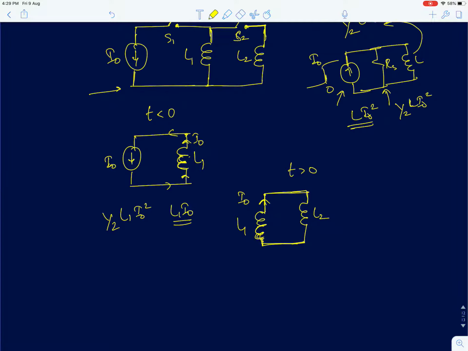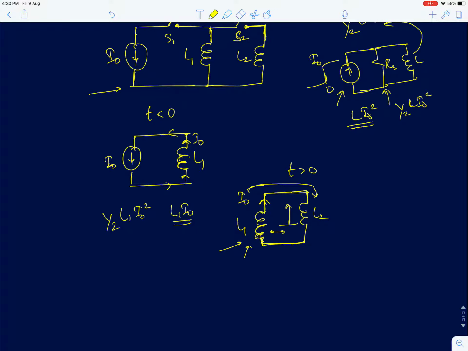Now the current in inductor L1 cannot change instantaneously. So if I assume that there is an I0 current present here, the current in L2 has to change instantaneously from 0 to I0. So this will develop an impulse of voltage across it. Since both of them are in parallel, L1 will also see an impulse of voltage.